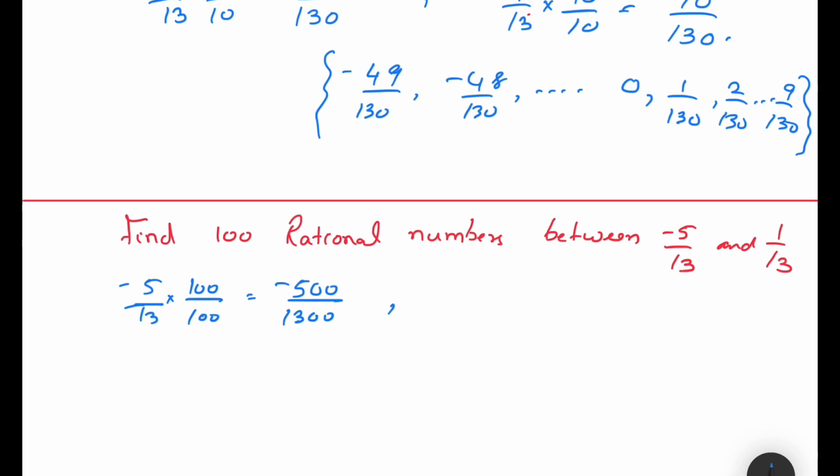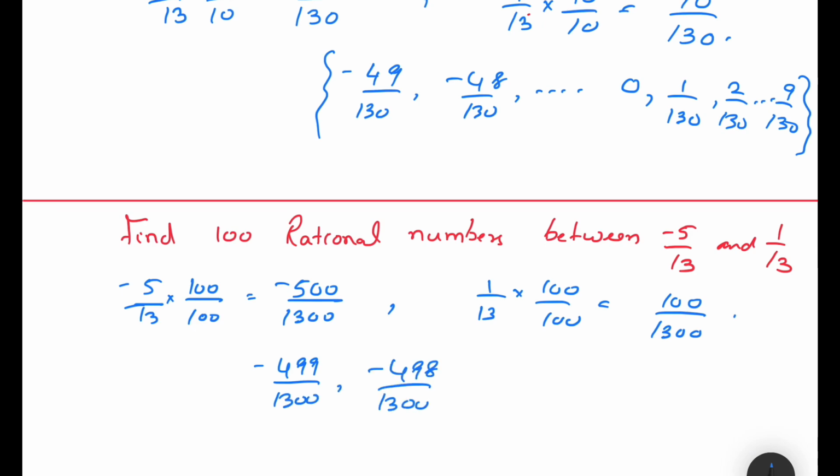This is the easiest method, multiplying by 100 by 100. And 1 by 13 gives 100 by 1300. So minus 499 by 1300, minus 498 by 1300, etc., 0, then 1 by 1300, 2 by 1300, up to 99 by 1300. Up to this you can choose any of the 100 numbers.